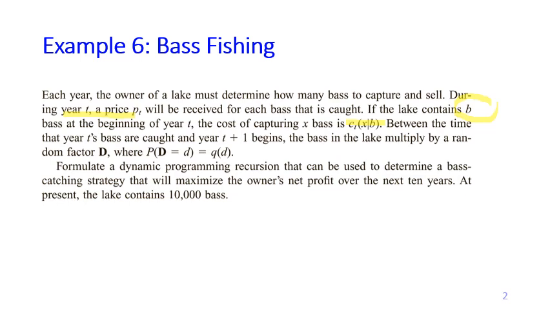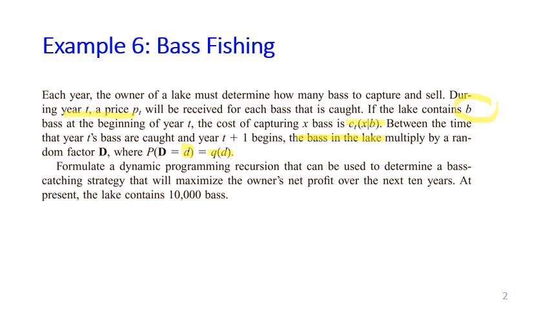Now the uncertainty comes when it says here, the bass in the lake are multiplied by a random factor D, where the probability that this factor equals exactly something like a small d is QD.